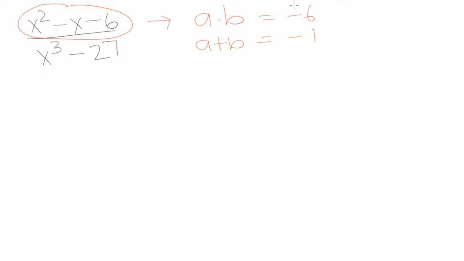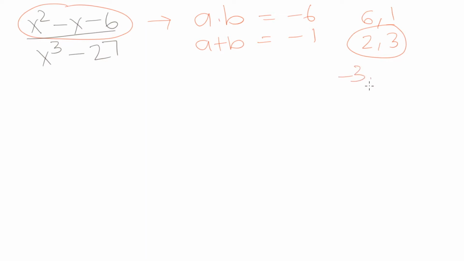So we know that one of our numbers is going to be positive and one is going to be negative, so let's write down our factors of 6. We have 6 and 1 and 2 and 3. And if we have one of them being negative and one of them being positive, we can see that these are going to be our numbers. So if we have negative 3 plus 2, that is going to give us negative 1.